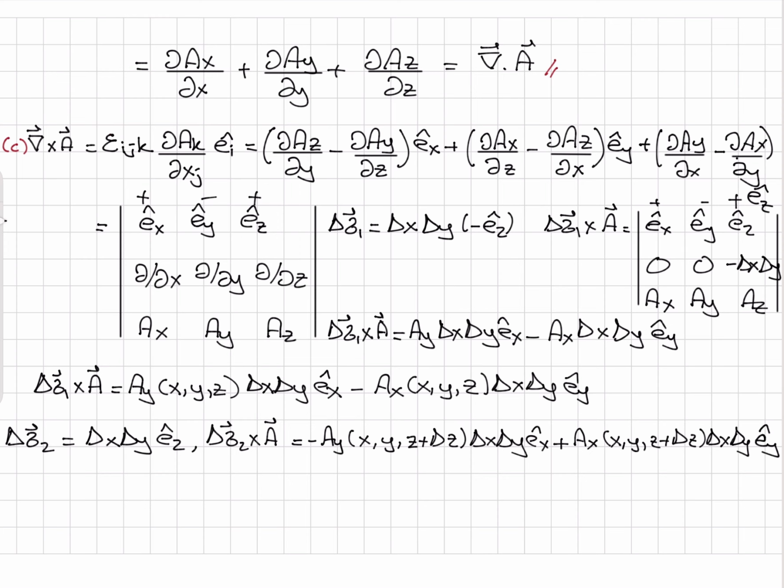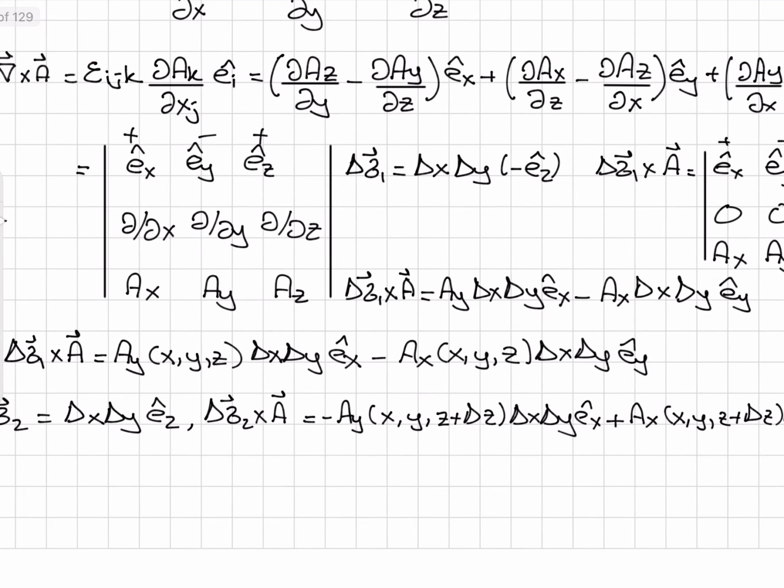Okay, so if I put these together, delta sigma 1 cross product with A plus delta sigma 2 cross product with A divided by the volume delta X, delta Y, delta Z gives me the following.